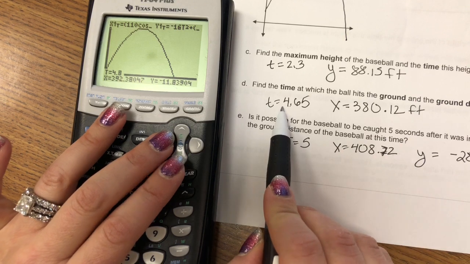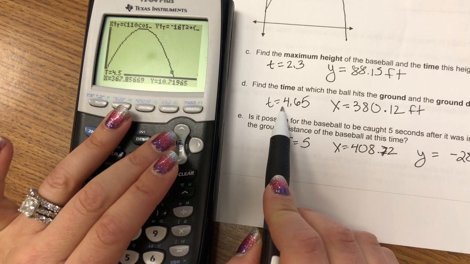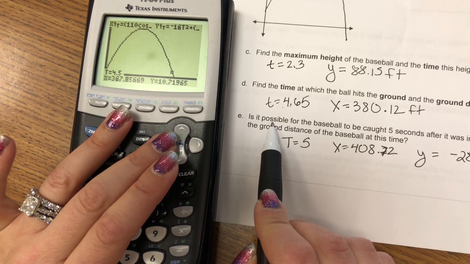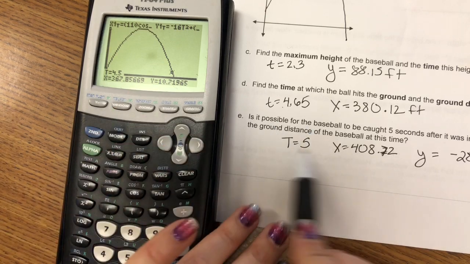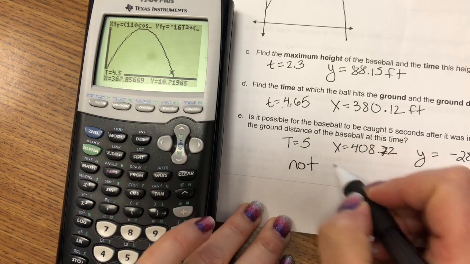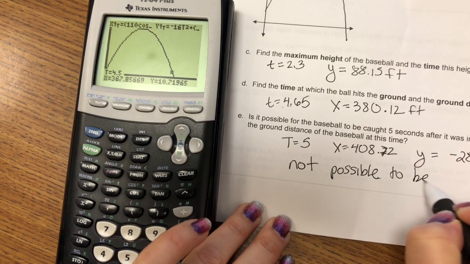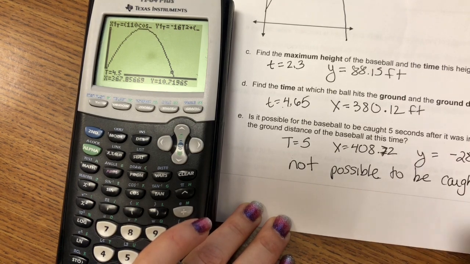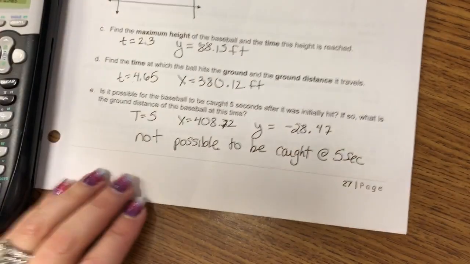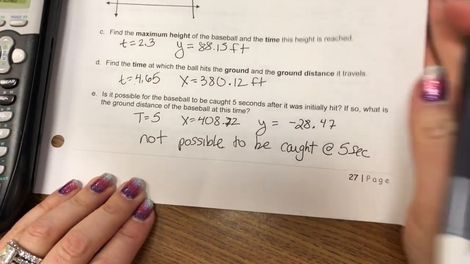And since it hits the ground at 465, it's not possible to be caught at 5 seconds.